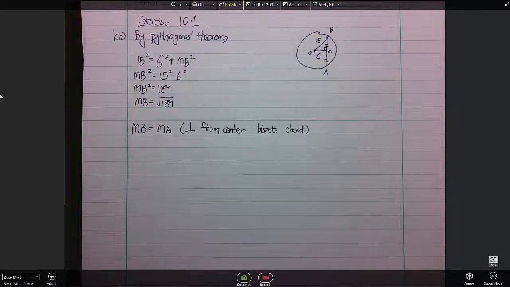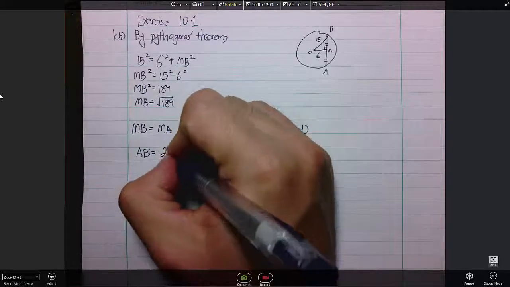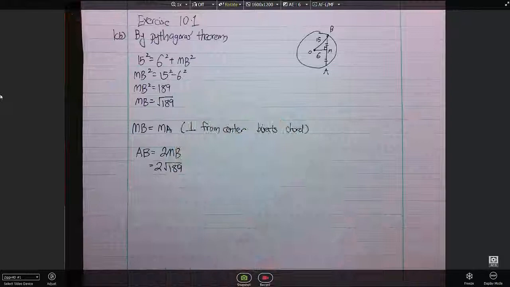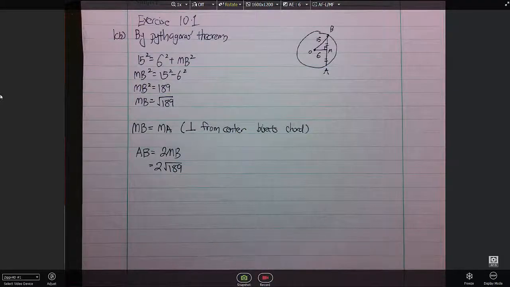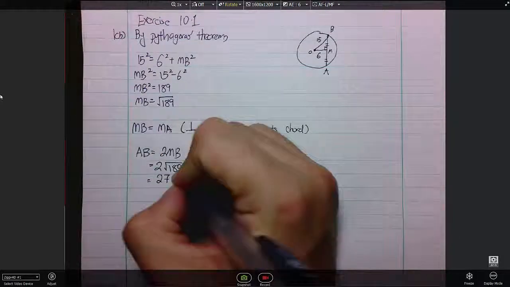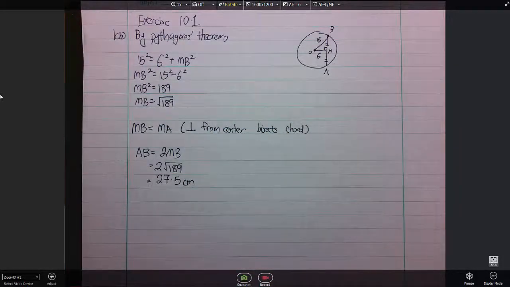I know that AB will be equal to 2 times MB, which is 2 times square root 189. Just use your calculator there. 2 times square root 189 should give us 27.5 cm. And that is question 1b.